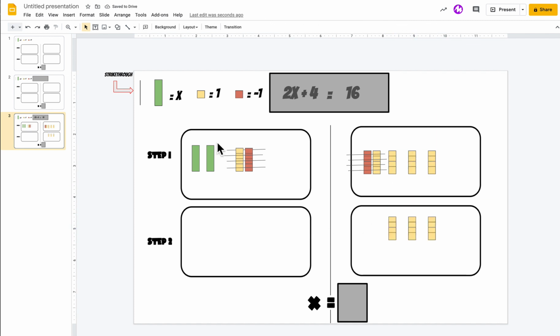And I also have 2 x's left, so I'm grouping these and I'm dragging these guys down here. Good enough. Now, I have to do the opposite of multiplication because I have 2 x's equals 4, 8, 12.